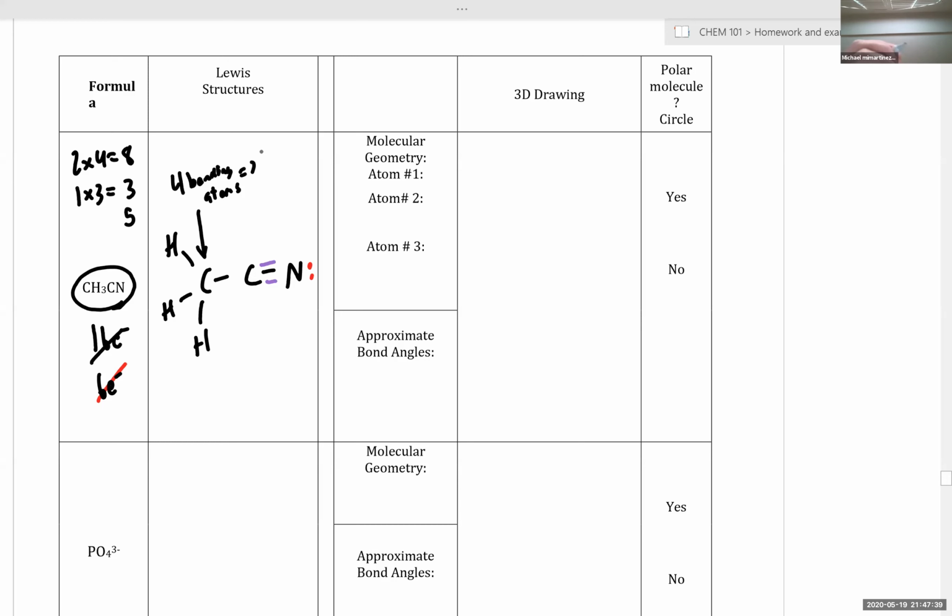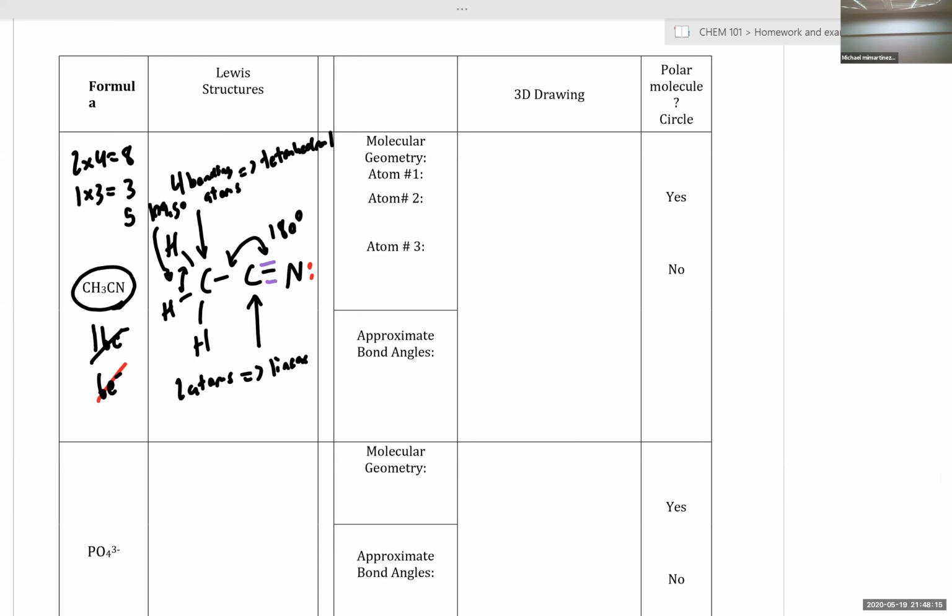Ergo, our molecular geometry for carbon number 1 will be tetrahedral. Looking at this middle carbon, it has 2 atoms. Ergo, it adopts a linear geometry. The bond angle for a linear geometry is about 180 degrees, while for a tetrahedral geometry, it's about 109.5 degrees. These were in the note sets that we covered last week.